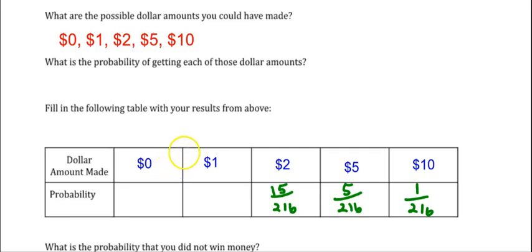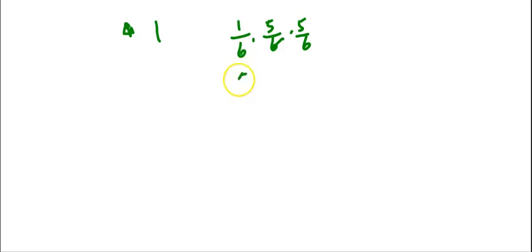So for $1, let's think about what we have to do to get $1. So for $1, we only need one 1. So if the first roll is 1, that's 1 out of 6, and then it's 5 6 and 5 6. Or if the second roll is the 1 out of 6.